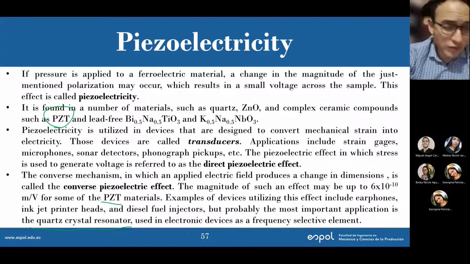Remember, clocks or radio frequencies, you have quartz for adjusting the distinct frequencies. Okay, so that's the most important use. That is the converse piezoelectric effect, when I apply an electric field and that produces a change in dimensions. Okay, but you already know that, it's quite easy.